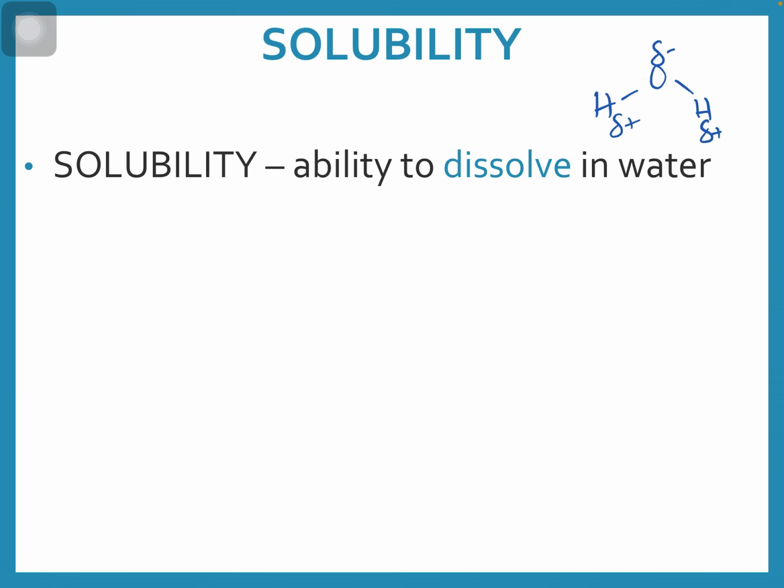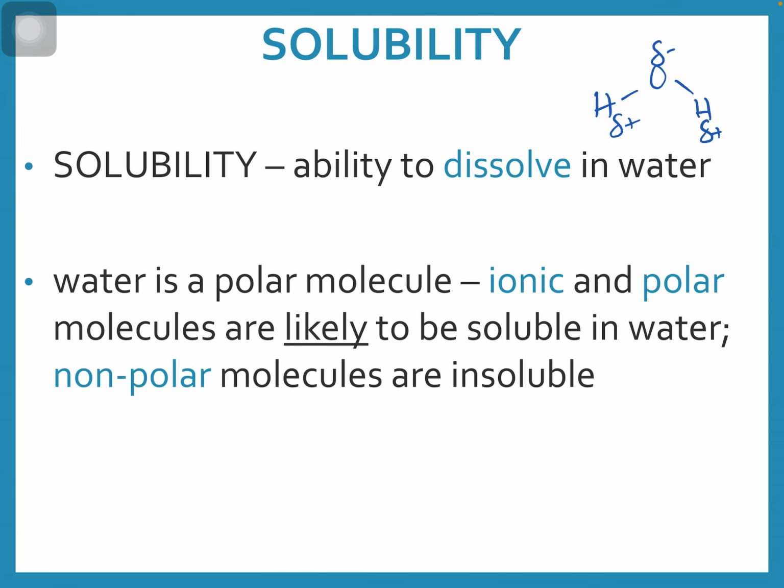And that property of water is incredibly important for life. So that allows a lot of things to dissolve in the water that is in our bodies. So whether that is in our blood, for things to be able to travel around easily.